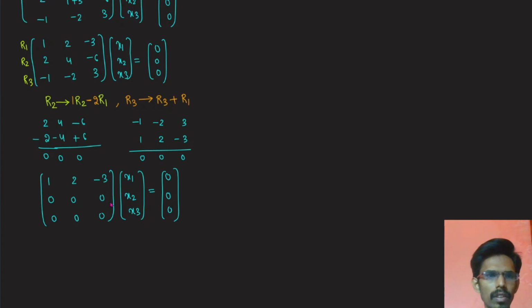Now we have backward substitution here, that is multiplying these two matrices. 3 by 3 matrix is multiplied with 3 by 1 matrix, so I'll get 3 by 1 matrix. So first row with first column, 1 into x1 will be 1x1, 2 into x2 will be 2x2, 3 into x3 will be minus 3x3 is equals to 0. So I have only one equation, x1 plus 2x2 minus 3x3 is equals to 0.